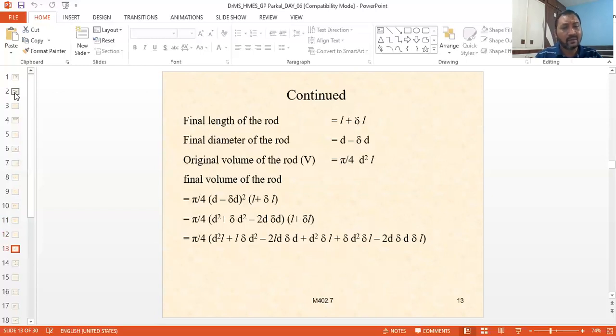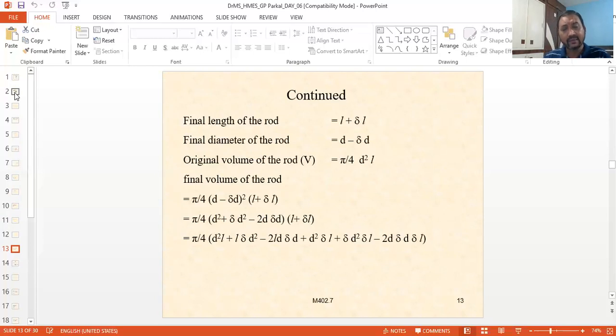So we know that the final length of the rod will become L plus delta L, and similarly the final diameter of the rod will become D minus delta D. The diameter is reducing, whereas the length is increasing.